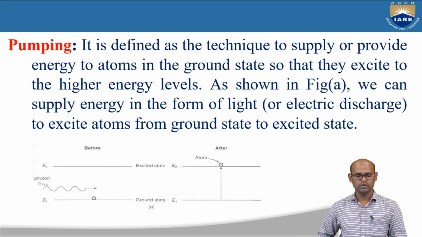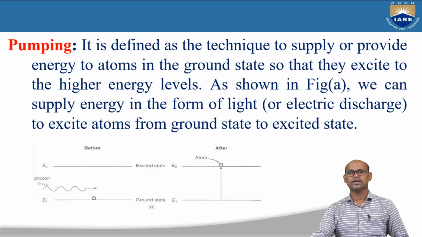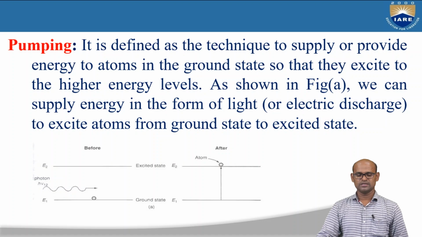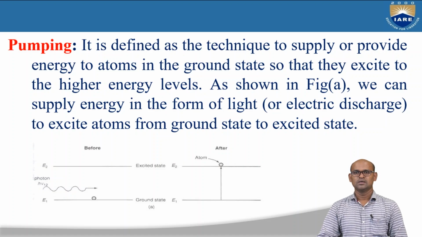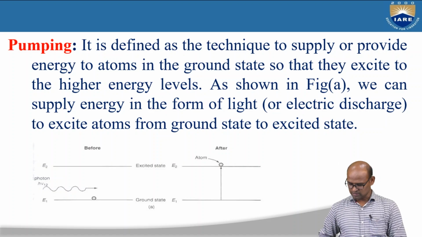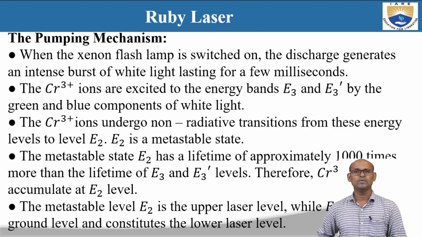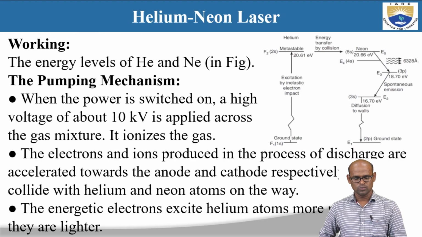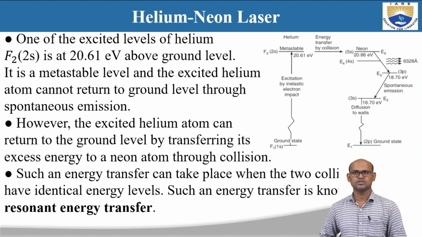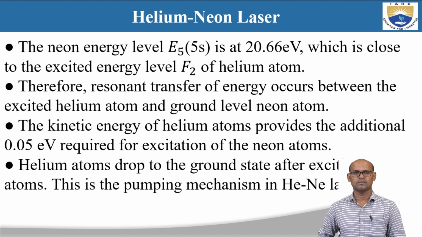We know what pumping is. Pumping is basically a technique to supply or provide energy to atoms in the ground state so that they get excited to the higher energy levels. We can supply energy in the form of light or electric discharge. In the ruby laser we have used light, a xenon flash lamp, as the pumping agent. In the case of the helium neon laser we have used electric discharge as the pumping agent, to achieve population inversion and stimulated emission.